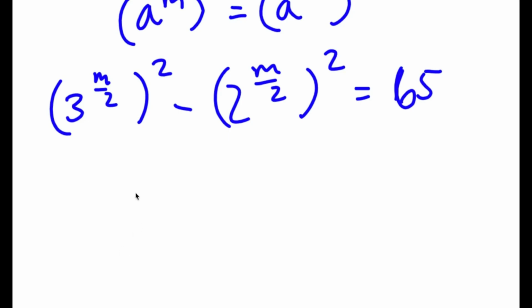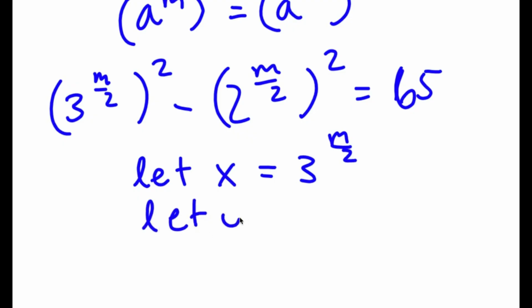Now what I'm going to do is I'm going to let the variable x equal 3 to the power of m over 2, and I'm also going to let the variable y equal 2 to the power of m over 2.